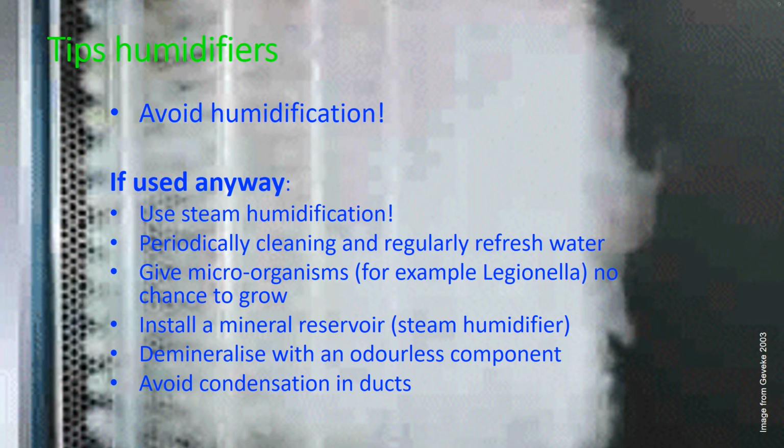For energy use purposes, it is recommended to avoid using humidification. If humidification is required, then it is recommended to use a steam humidifier, because steam humidifiers give microorganisms such as Legionella, no chance to grow. When you select a steam humidifier, add a mineral reservoir and avoid condensation in ducts by correct design and installation.